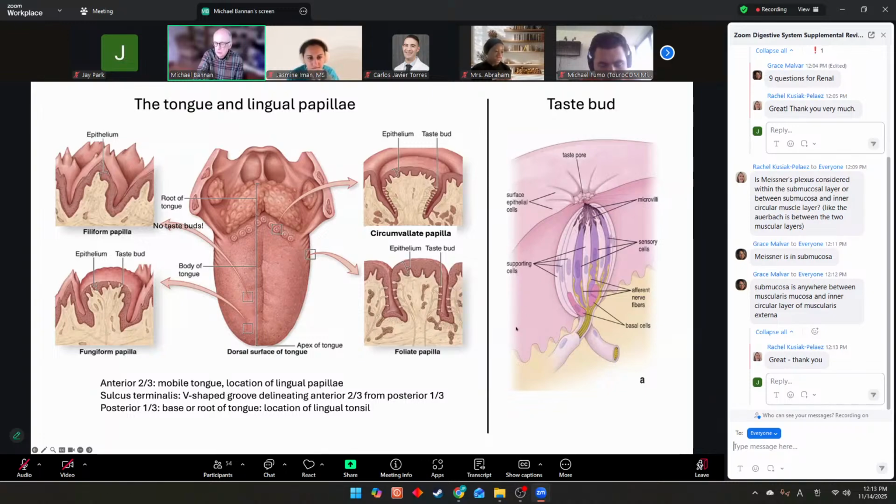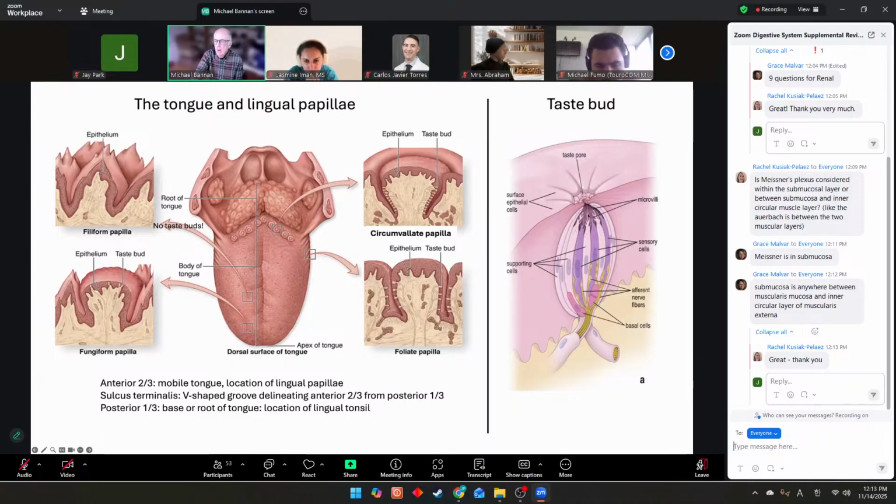And we know the taste bud is sort of analogous to the specialized epithelium we studied in the roof of the nasal cavity, the olfactory epithelium, because the taste bud is a collection of cells that includes sensory cells, sometimes called gustatory cells because they're involved in taste, a complement of supporting cells, which some sources refer to as sustentacular cells, basal cells at the base of the taste bud, and modifications at the apical end of the gustatory cells, including microvilli, which extend out through a pore in the overlying squamous epithelium.